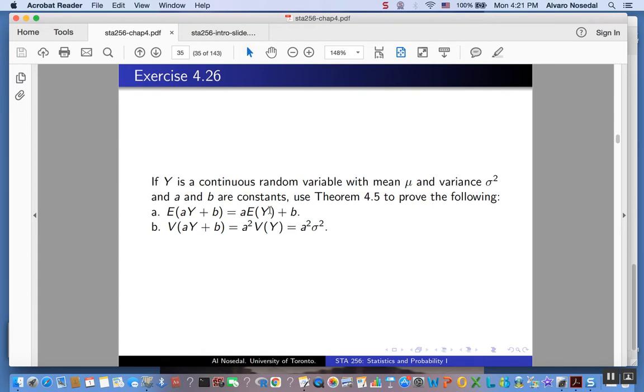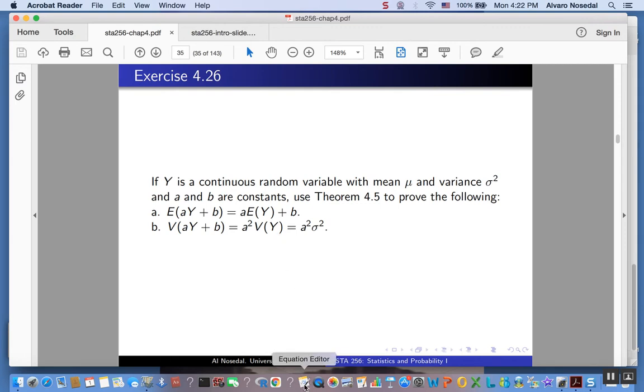Okay? And then we want to show something similar, but in terms of the variance, that the variance of a times y plus b equals a squared times the variance of y. Okay, so if we want to be more formal, what we want is the expected value and variance of a linear transformation of our original random variable y.